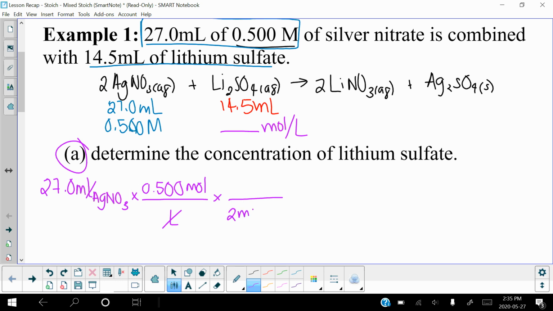2 moles of silver nitrate to 1 mole of lithium sulfate. Okay, so mole cancels out with mole, and silver nitrate cancels out with silver nitrate. And then lastly, all we need to do is divide by our volume, 14.5 milliliters.